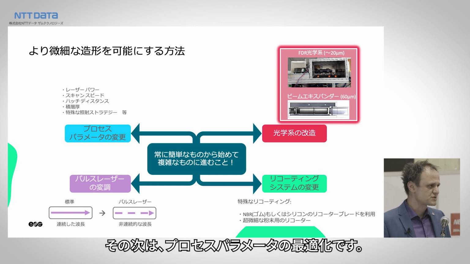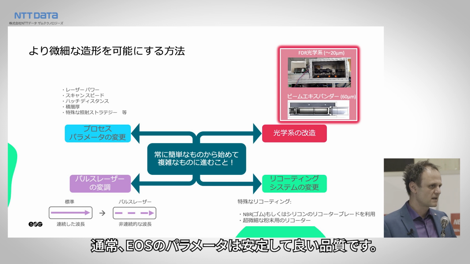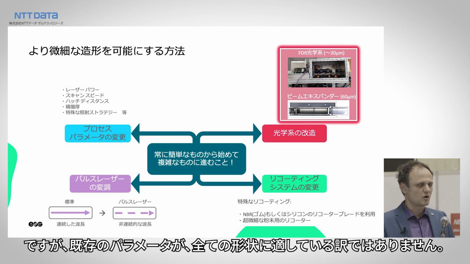A next modification where I myself have spent a lot of time is in the process parameter optimization. So not all process parameters are best suited for all the different geometries that you build.